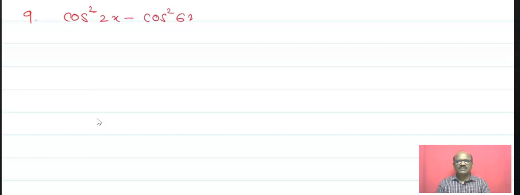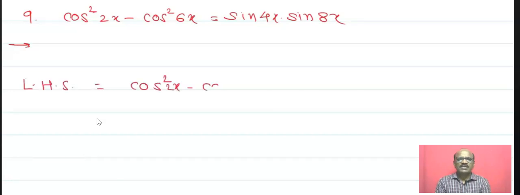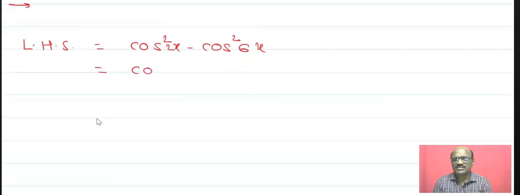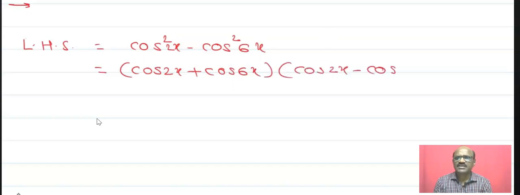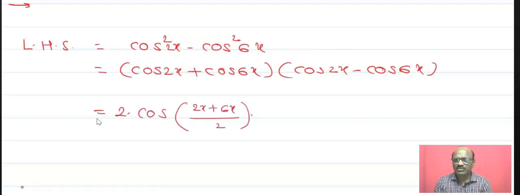That is cos square 2x minus cos square 6x is equal to sin 4x into sin of 8x. इथे देखील आपण LHS consider करणार आहोत, cos square 2x minus cos square 6x, and again here we are applying the formula a square minus b square, that is cos of 2x plus cos of 6x in the next bracket, cos of 2x minus cos of 6x. Now cos c plus cos d, that is 2 times cos of c plus d upon 2 into cos of c minus d upon 2.